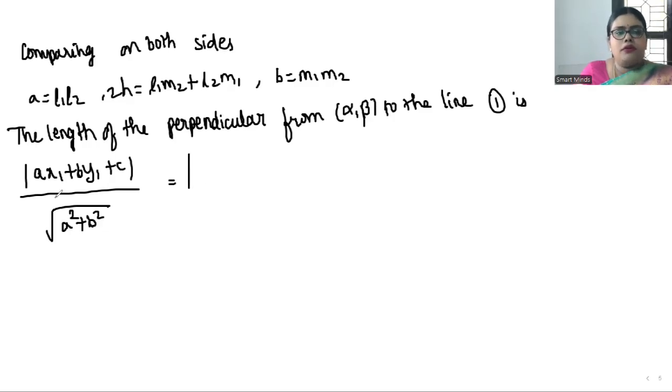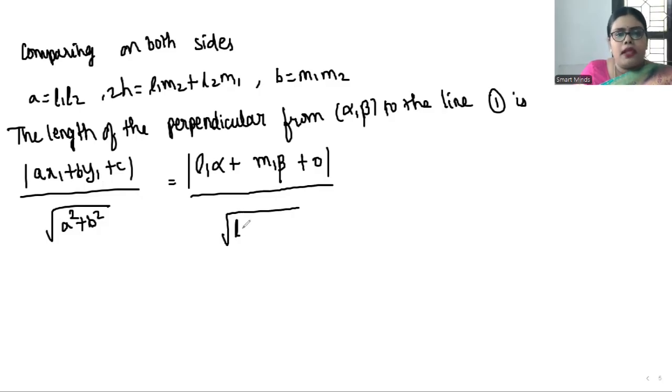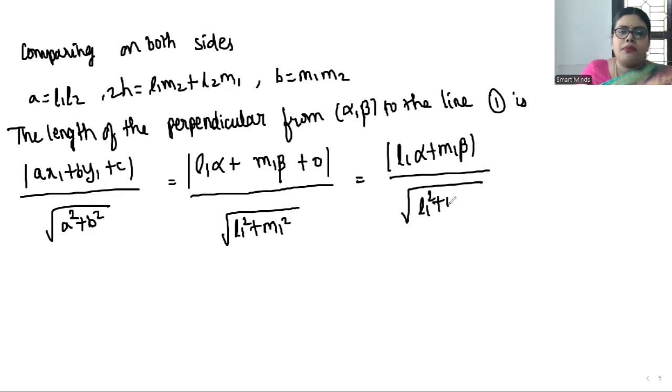That is equal to, now A is L1, x1 is alpha, plus B is M1, y1 is beta. There is no constant, so 0, by root over L1 square plus M1 square. So this is mod L1 alpha plus M1 beta by root over L1 square plus M1 square. Okay, this is one perpendicular distance.